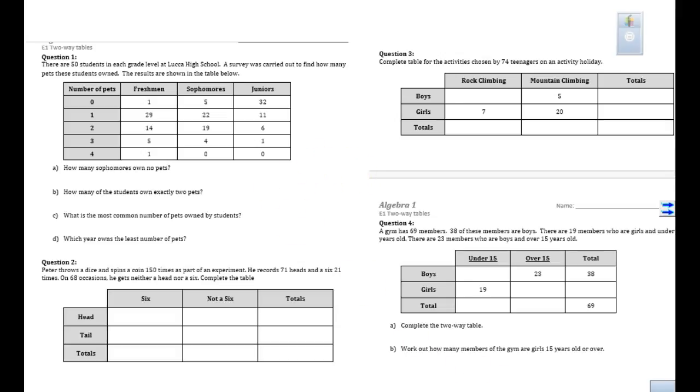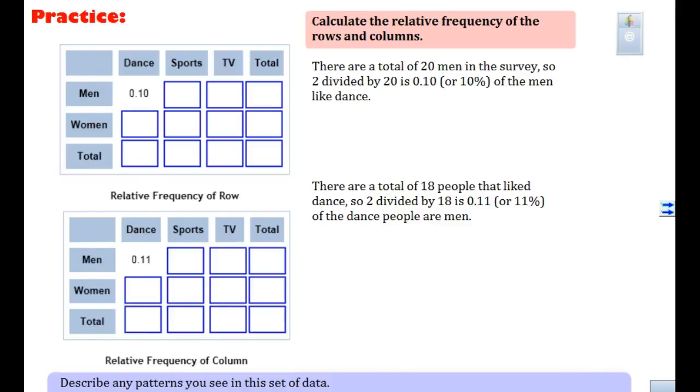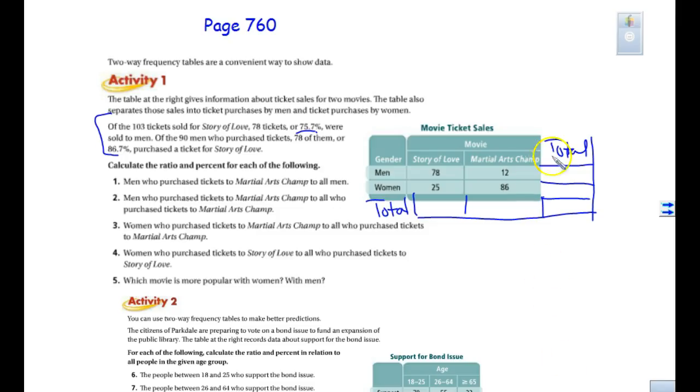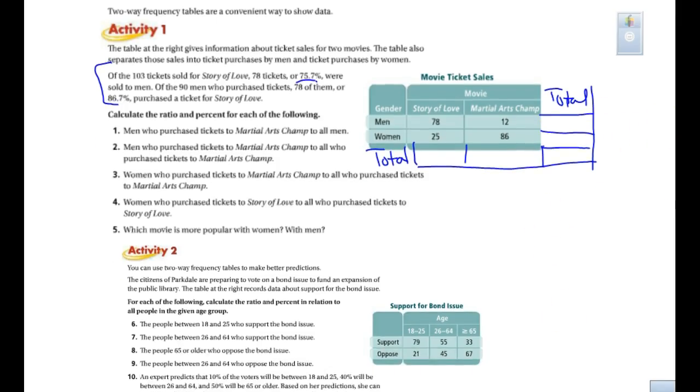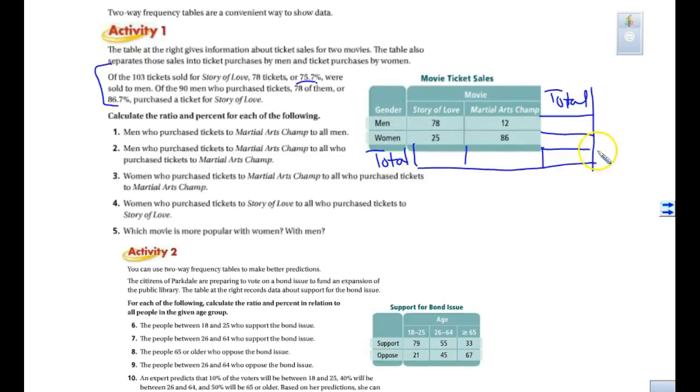I really want you to study and prepare for your test. But when you look at this page, when you're doing your homework, I want you to fill in and put this as the total. It says the men who purchased the tickets to martial arts, to all men. They are asking you to write a ratio and percent for each one, right?